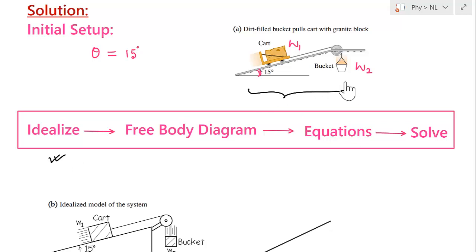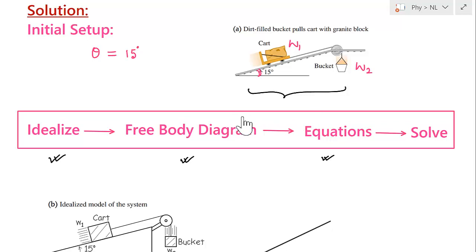Then I will draw the free body diagram. We will draw a free body diagram for the cart, that is the block plus cart system, and another free body diagram for the bucket, that is W2. Then we will write equations, and once you have these equations, we can solve them and find the relation between W1 and W2.